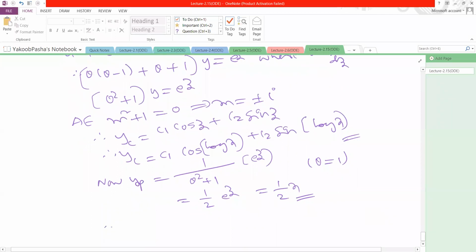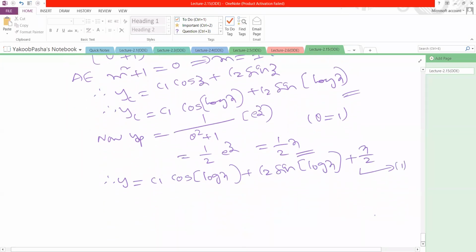Therefore the general solution y is equal to C1 cos log x plus C2 sin log x plus x by 2. This is equation number 1. Now differentiate this with respect to x once.